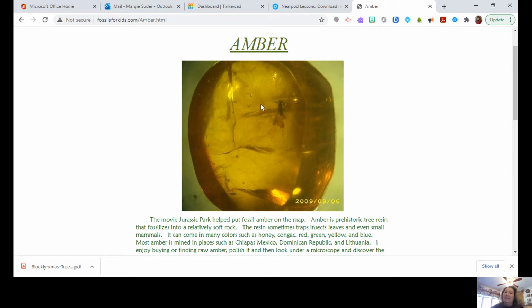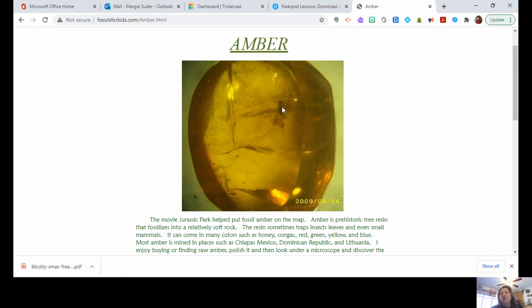But how this happens is insects land on a tree. The sap from the tree slowly comes down and covers up that insect, and then it gets trapped in there. And over time, that sap, or tree resin, we call it, forms into a rock, and that rock is what we call amber.